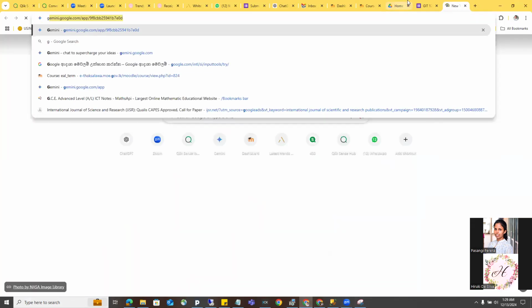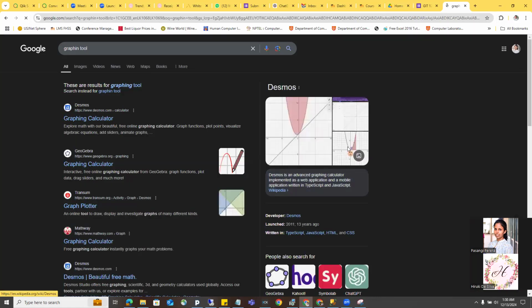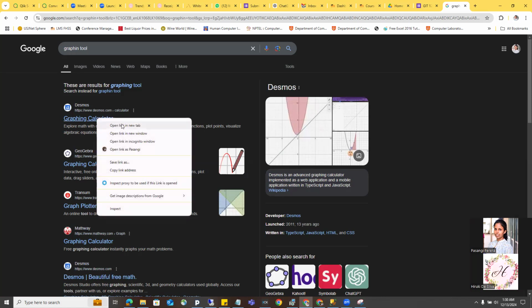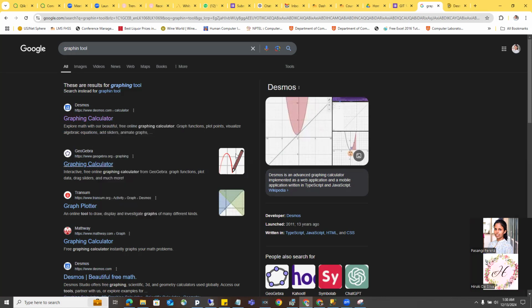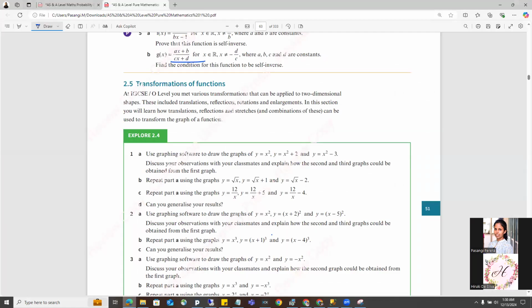I'll search for an online graphing tool, and I'll go with Desmos or GeoGebra. I'm very frequently using Desmos. Now they are saying use graphing software to draw the graphs of these three, so I'll draw these.